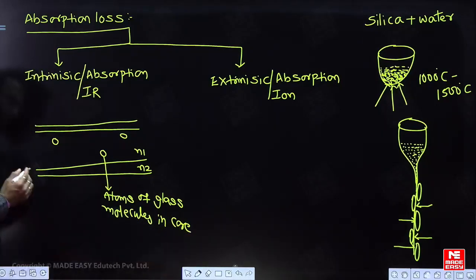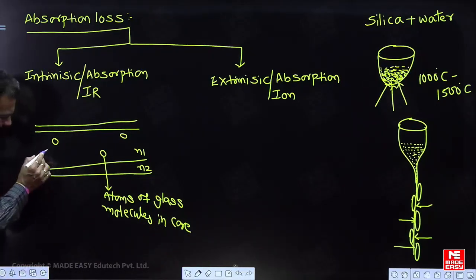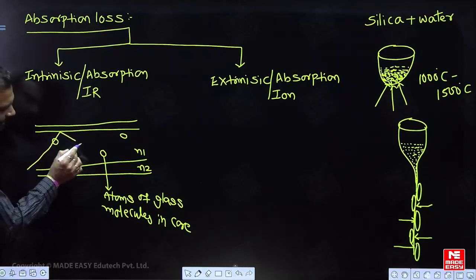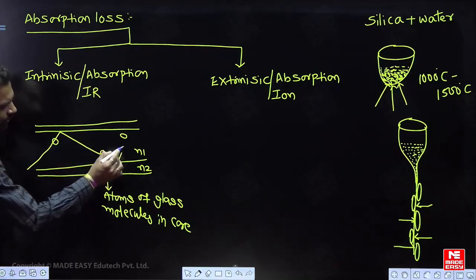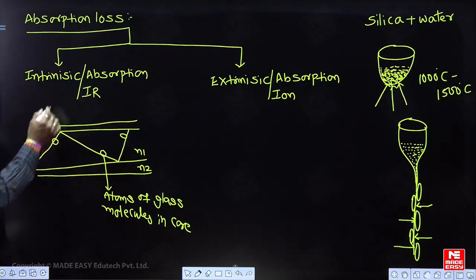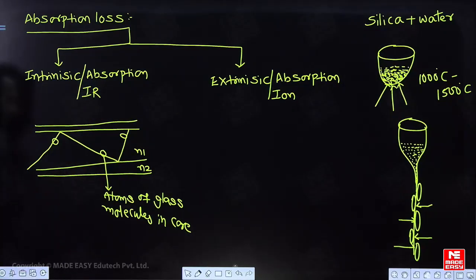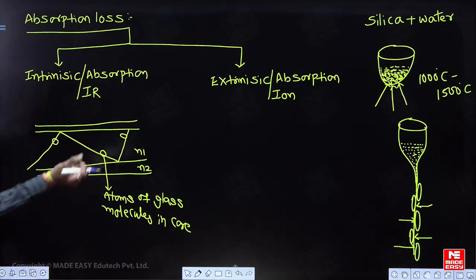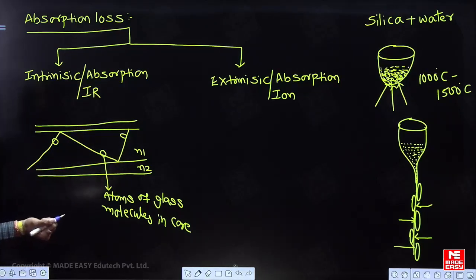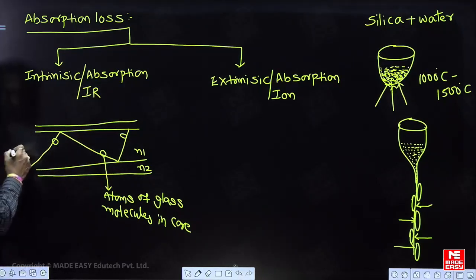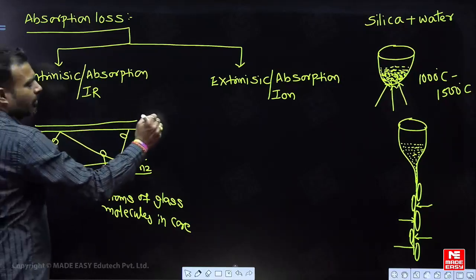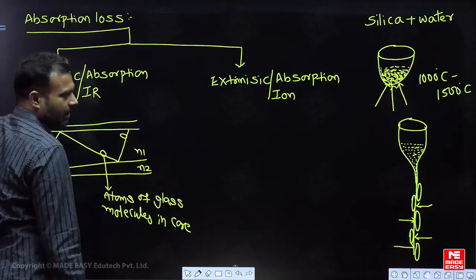Whenever light passes through these atoms of the glass, they start absorbing this light. Such absorption is called intrinsic or IR absorption. We cannot eliminate it. The reason is that when infrared light passes through glass, the glass molecules absorb some light, so the output power we obtain is very, very less.